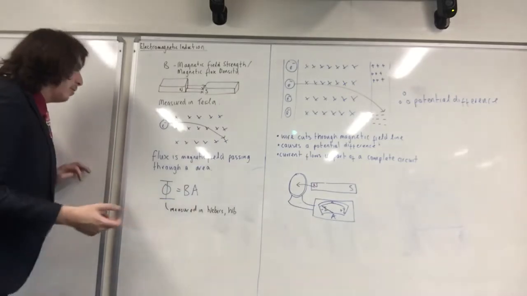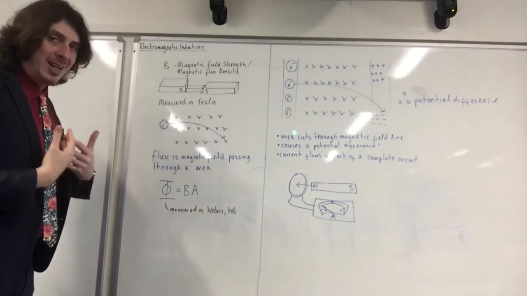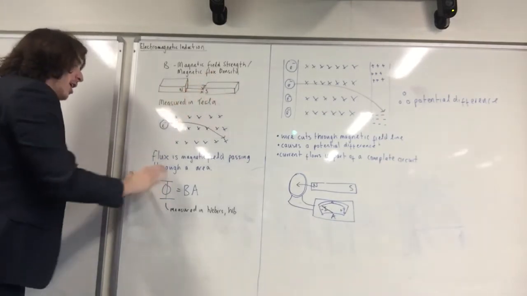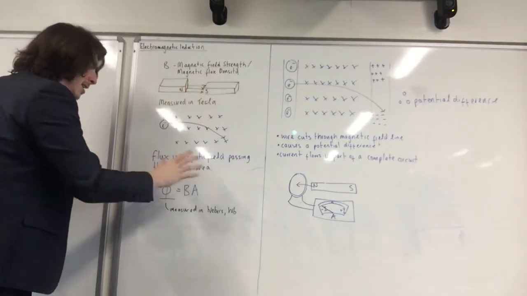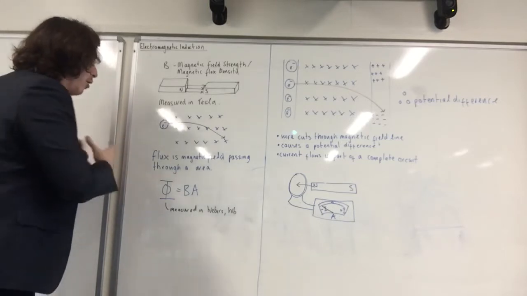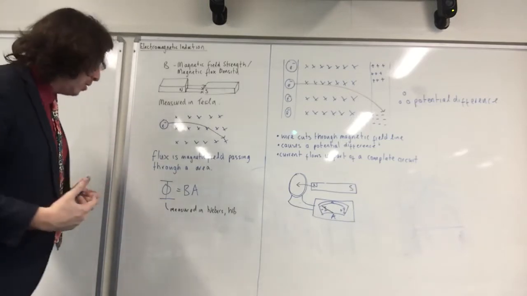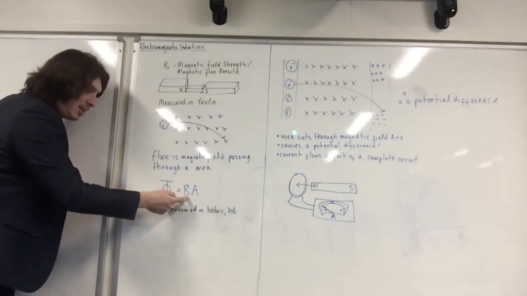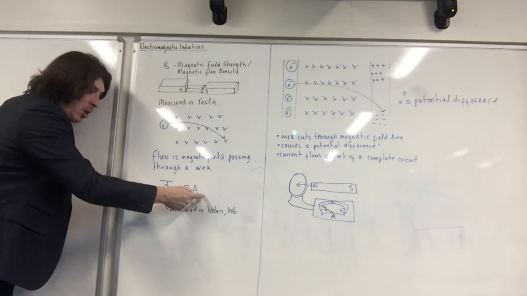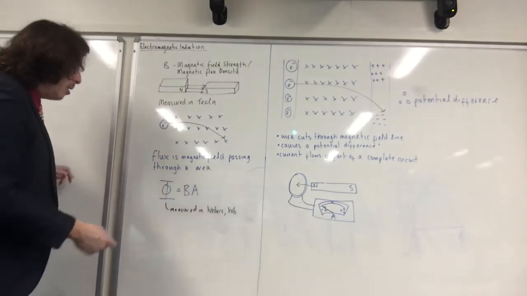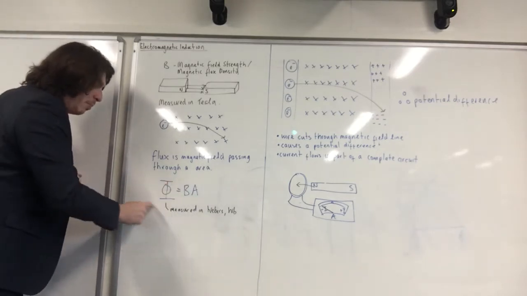Now, magnetic flux, dropping the word density, just that word on its own, flux, is magnetic field passing through an area. So it's specifically the magnetic field over a certain area. Flux on its own is the magnetic flux density times the area, where B is measured in Teslas and the area is measured in meters squared. For flux we use the Greek symbol phi.